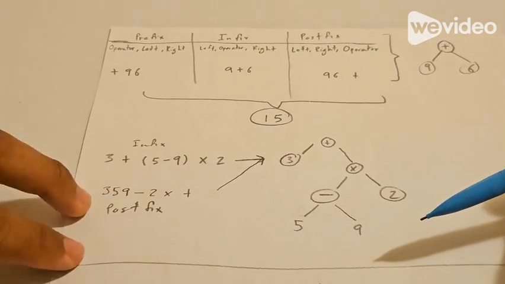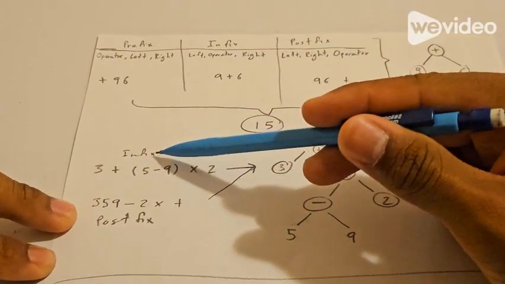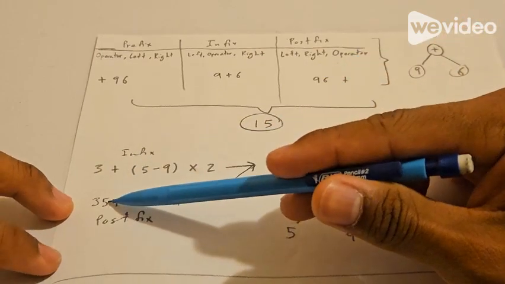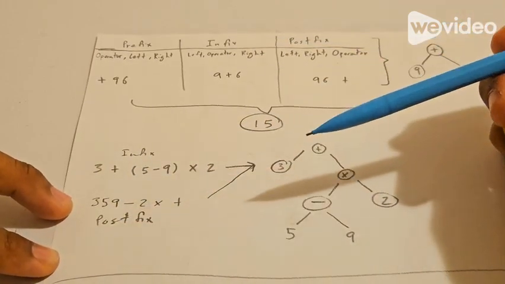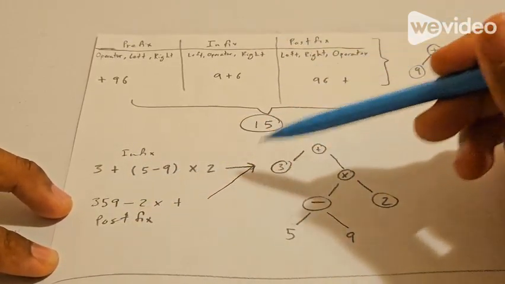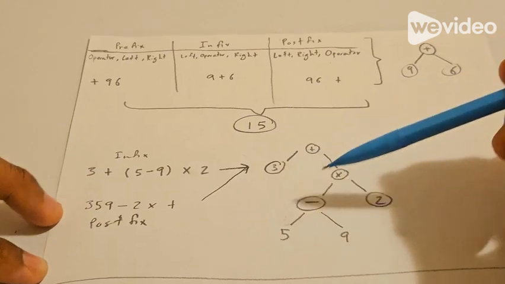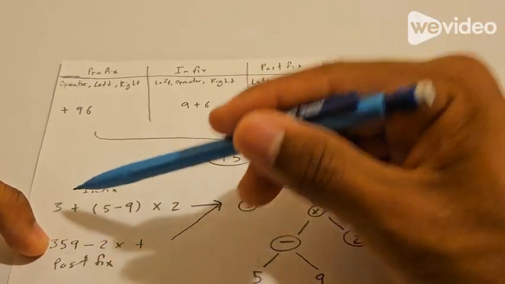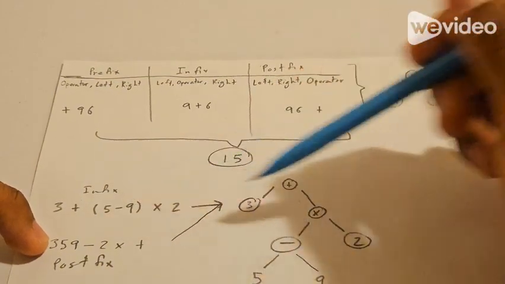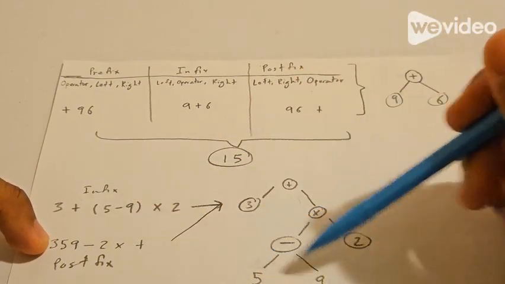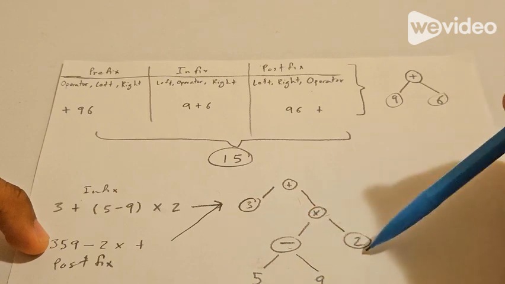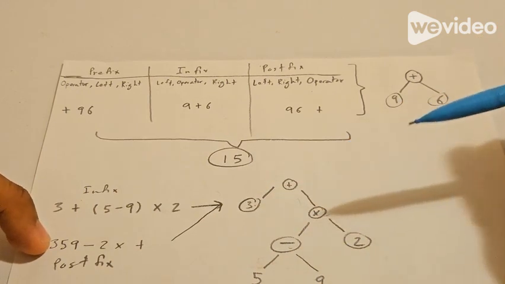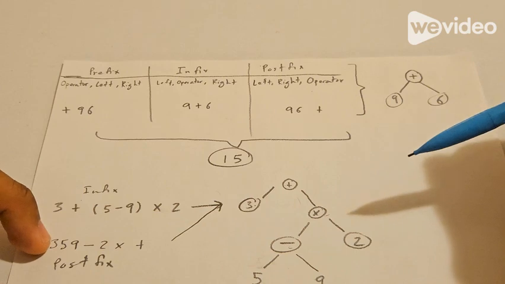If we take a more complex expression where we have 3 plus in brackets 5 minus 9 times 2, which is also seen in postfix as 3 5 9 minus 2 times plus, you get this binary expression tree where you have plus as the final operator, 3 as the left operand, and you have the 5 minus the 9 multiplied by the 2, and you finally add that to the 3 to get your answer of -5.